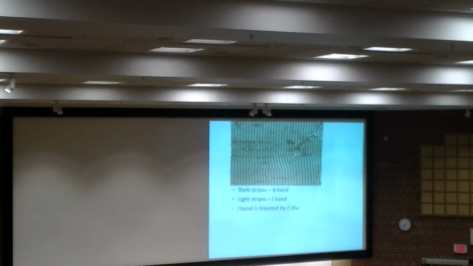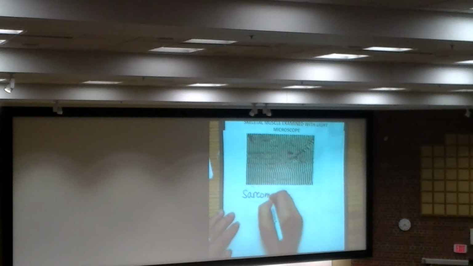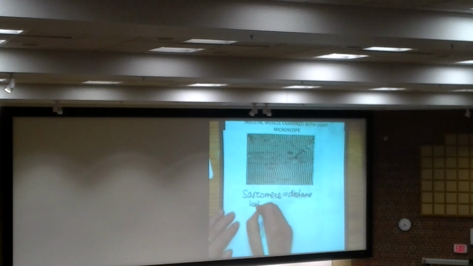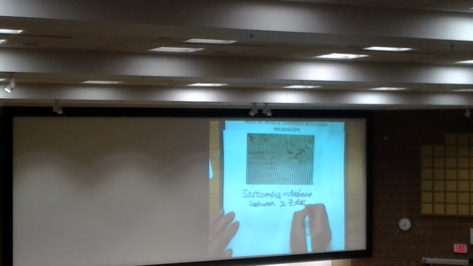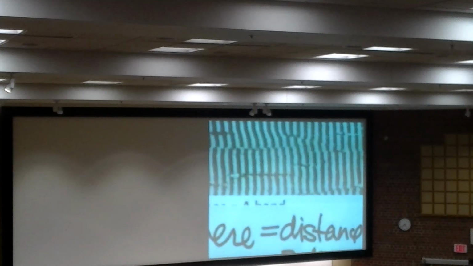Now, since we are the first discoverers in this new land of the muscle under the light microscope, we're going to define another structure. We're going to define a structure called a sarcomere. Okay? And we're going to say this sarcomere is the distance between two Z-discs. So zoom in.